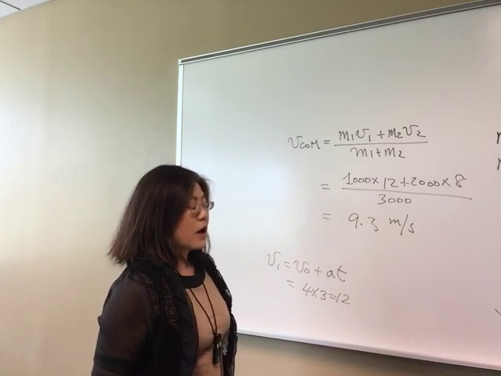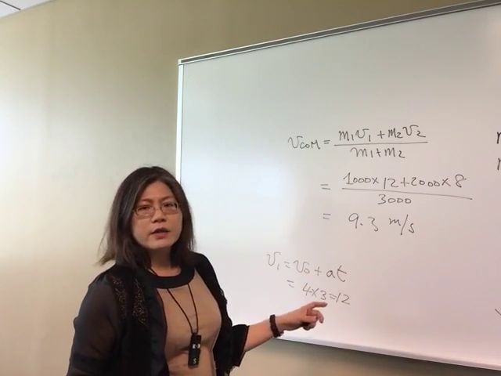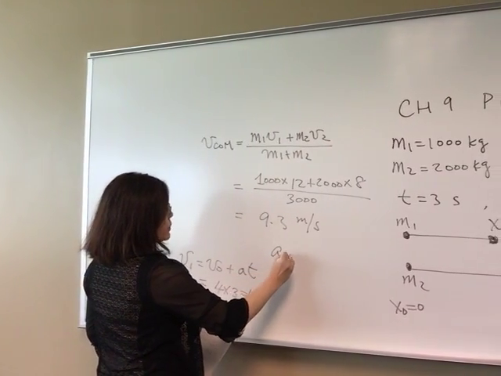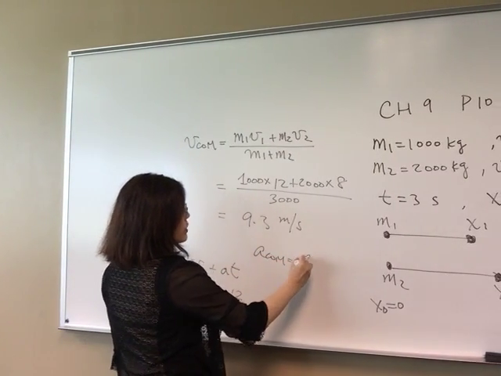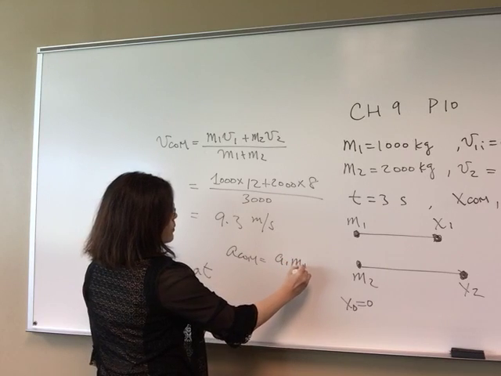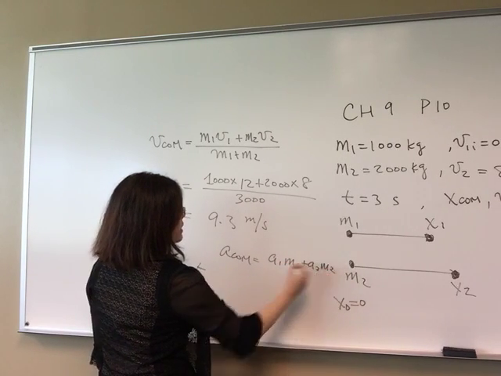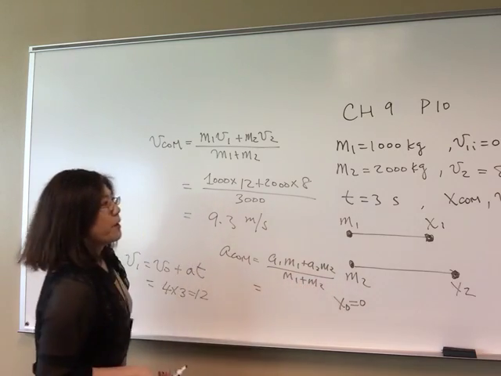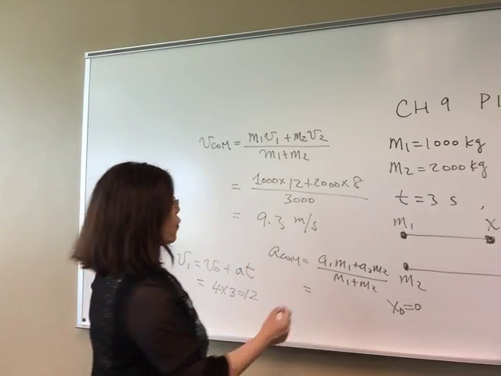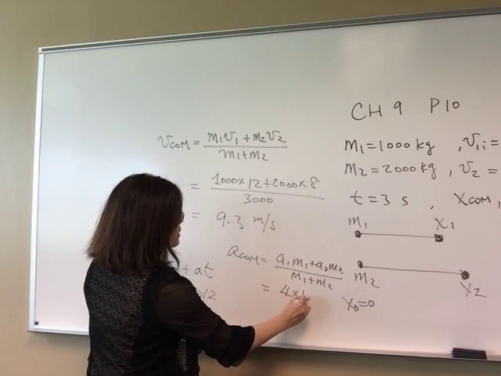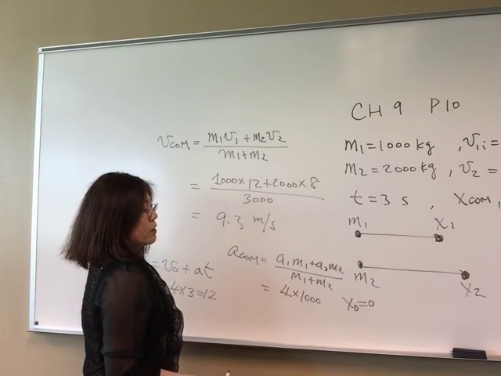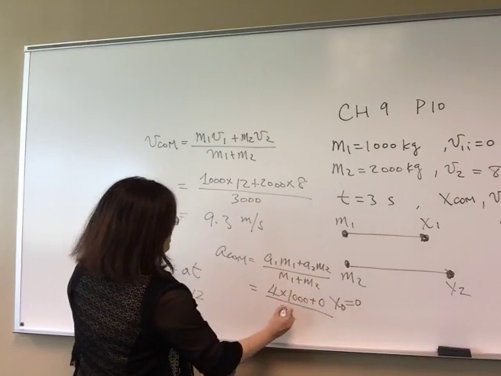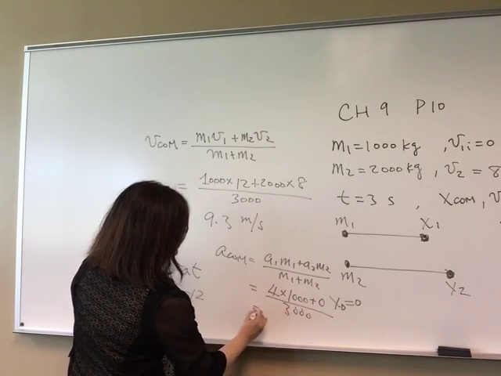Now, likewise, we can also calculate the acceleration of the center of mass. Again, that would just be using the equation: A1 M1 plus A2 M2, over the total mass. As you can see, A1 is 4, so you have 4 times 1,000, and car 2 has no acceleration, so there's no contribution, over the total mass.